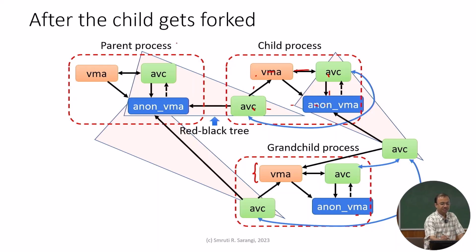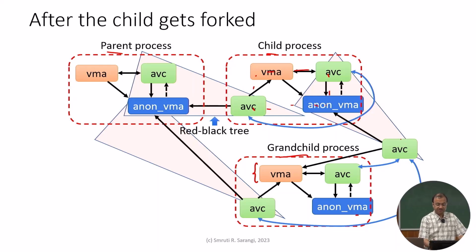Let's call them parent, child, and grandchild. With this terminology, the grandchild will inherit pages from the parent as well as the child, which means that it needs 2 AVC connections.